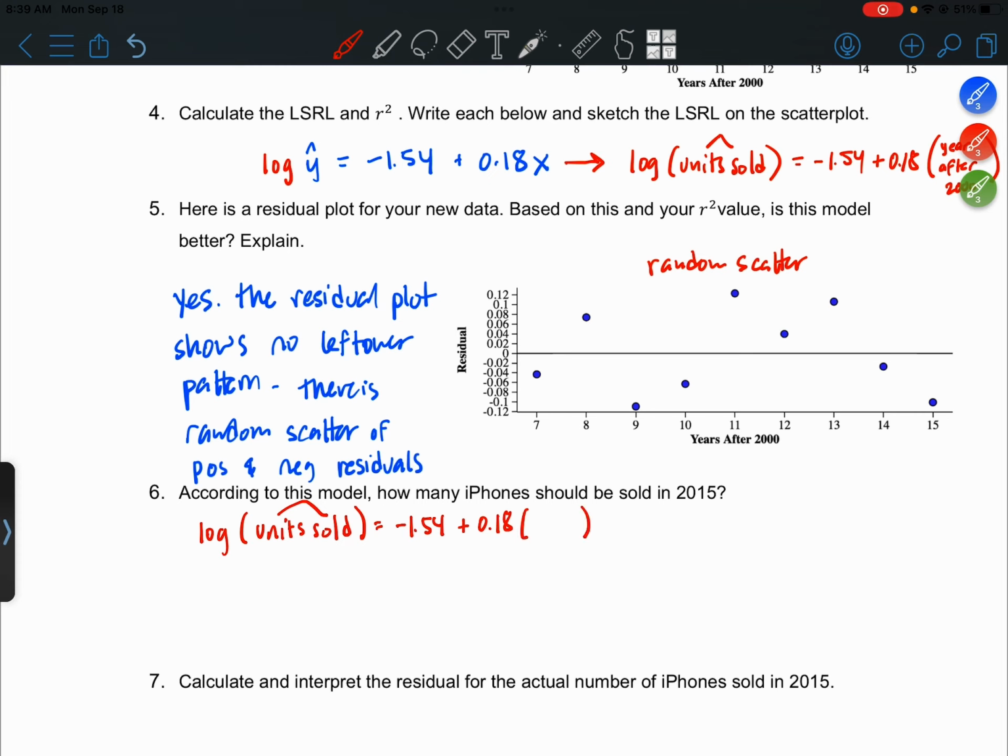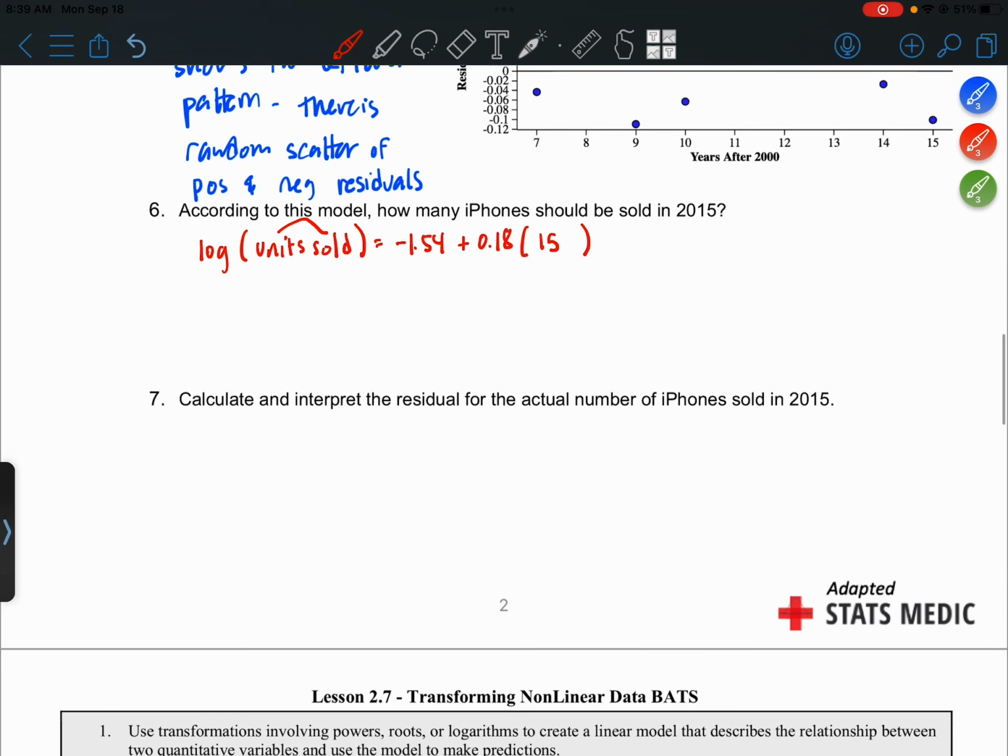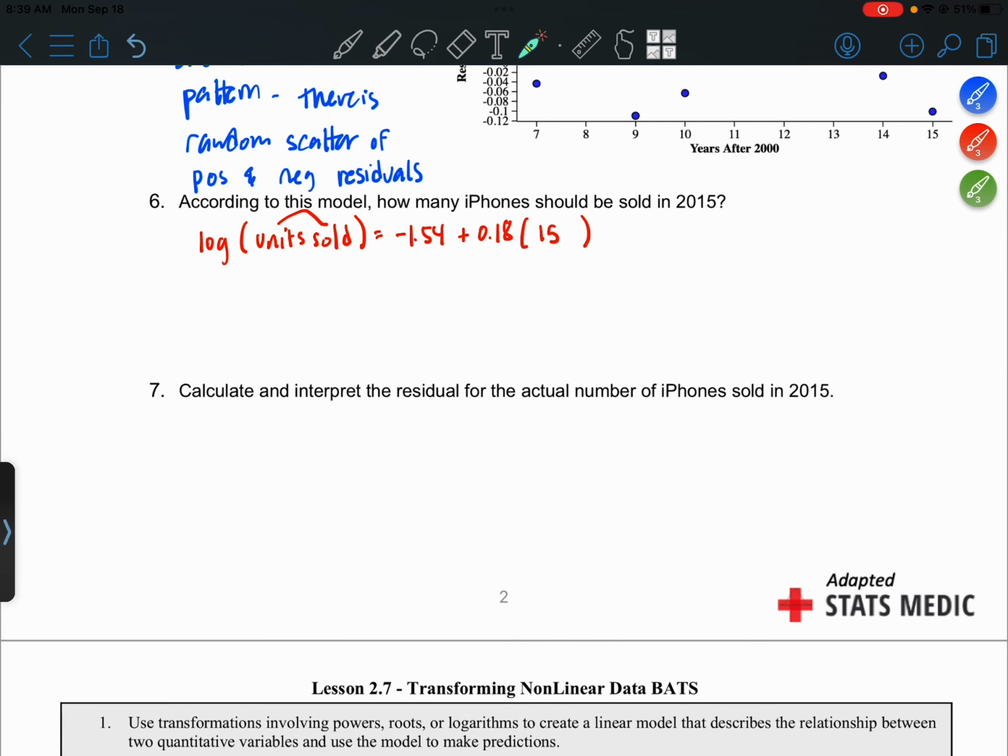Well, if we're trying to predict for 2015, that would be 15 years after the year 2000. So we're going to substitute 15. All right. Now I'm just going to use my calculator to simplify the right-hand side. Okay. And it comes out to about 1.16. Okay. So the log of the predicted units sold is 1.16.